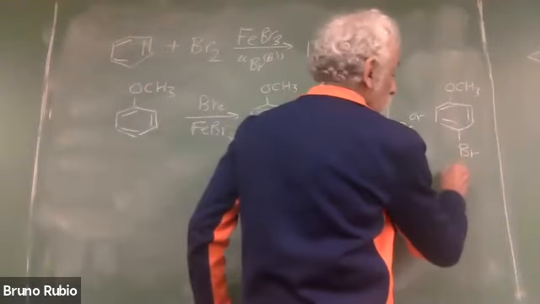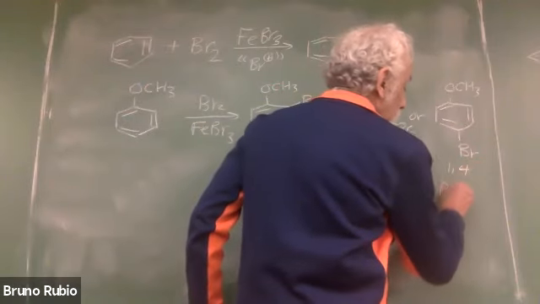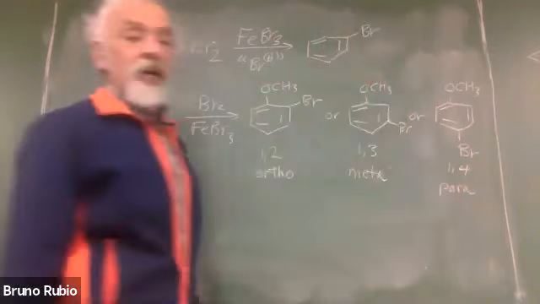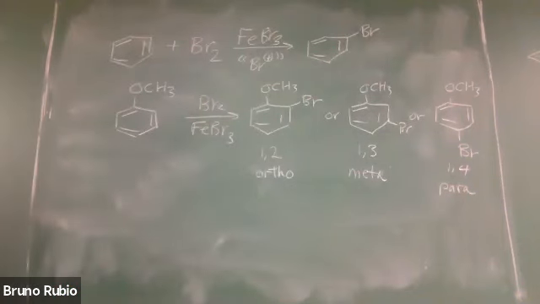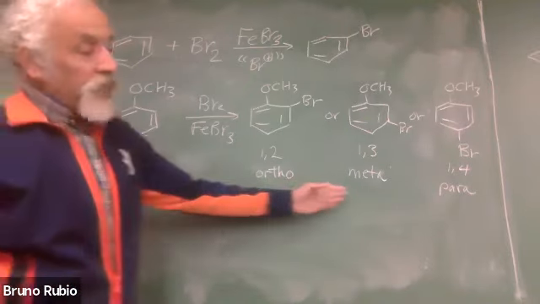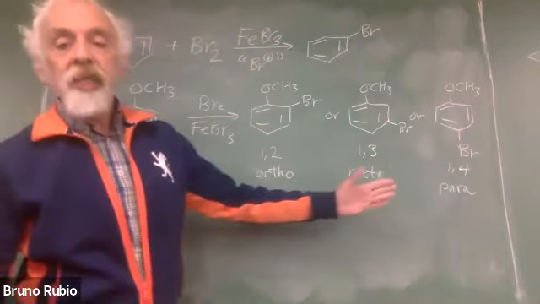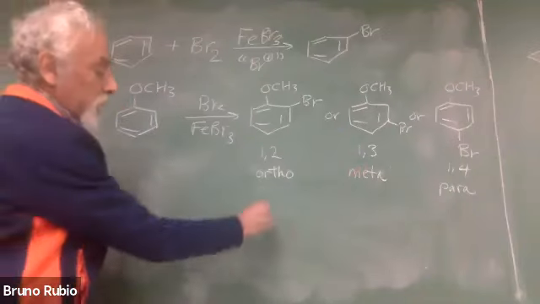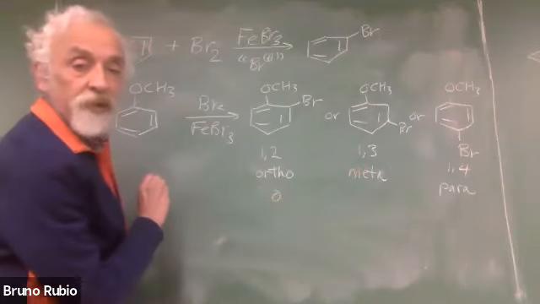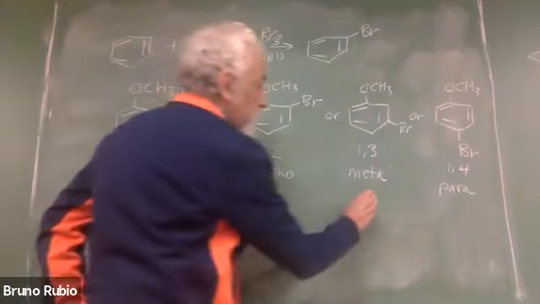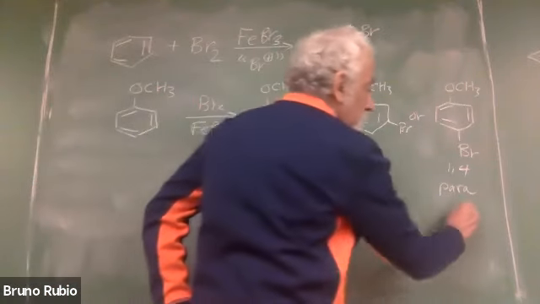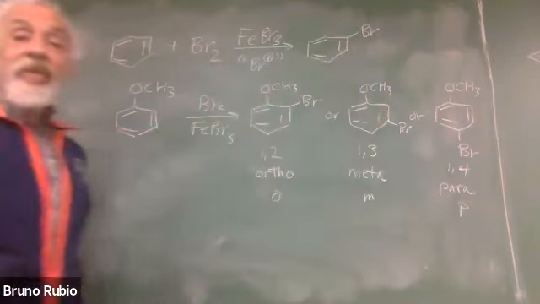This guy we could call 1, 4, but it's conventionally called the para substitution product. All right, and ortho, meta, and para, this all takes a whole lot of time to write. So lots of times we just abbreviate that with an O, an M, and a P.